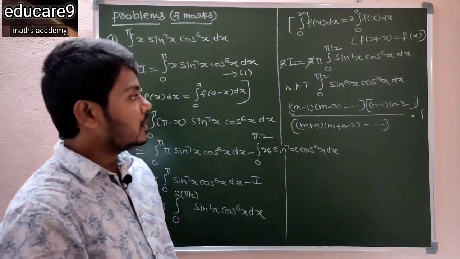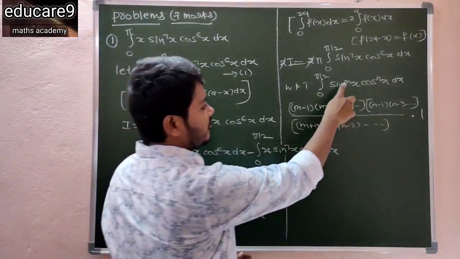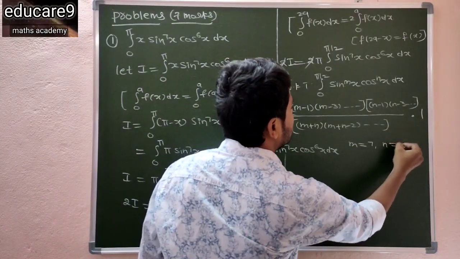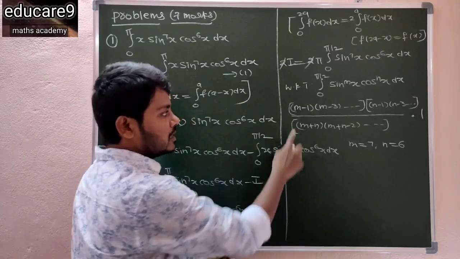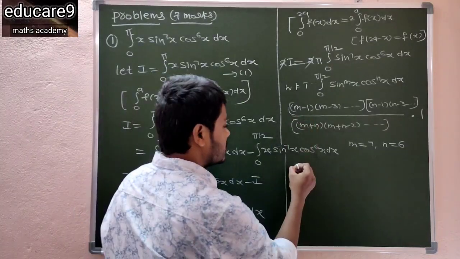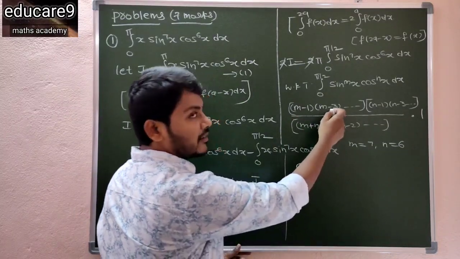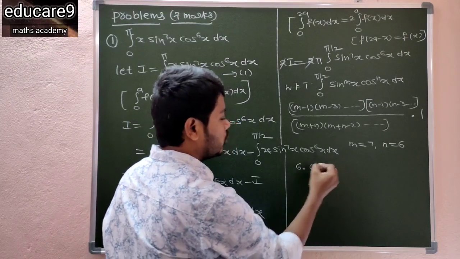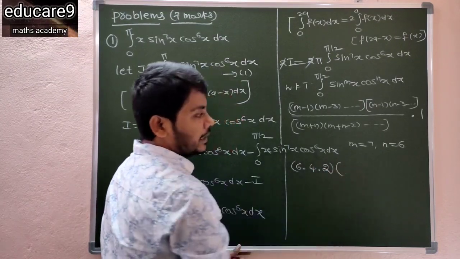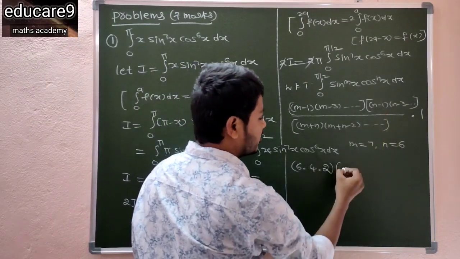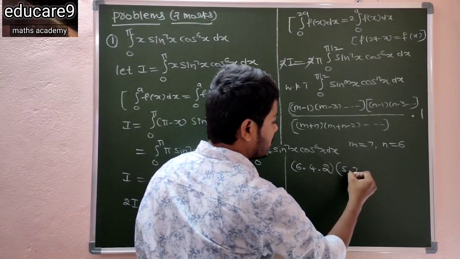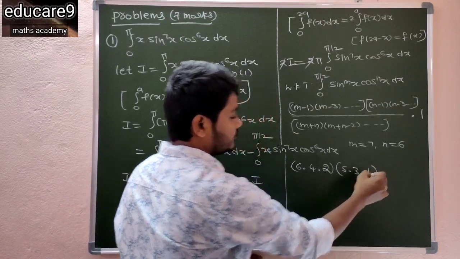See here, therefore m is equal to 7, n is equal to 6. So substitute here 7 minus 1 is 6, 7 minus 3 is 4, 7 minus 5 is 2, into n is 6: 6 minus 1 is 5, 6 minus 3 is 3, 5, 3, 1.